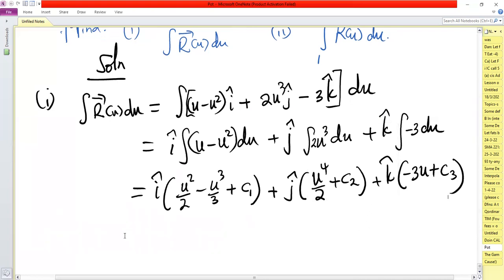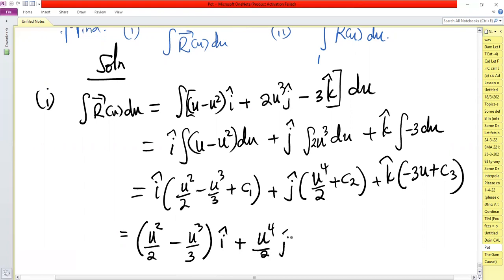So this will give us u to the power 2 over 2 minus u to the power 3 over 3 times i plus u to the power 4 over 2 j minus 3u k, and then plus c1 i plus c2 j plus c3 k.